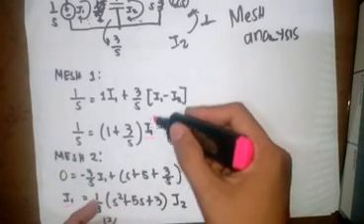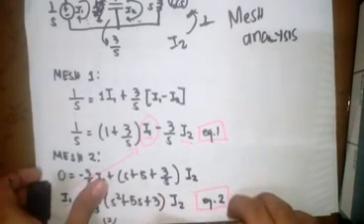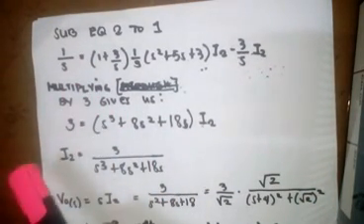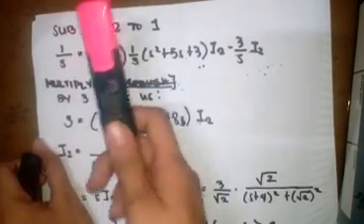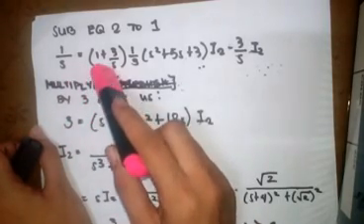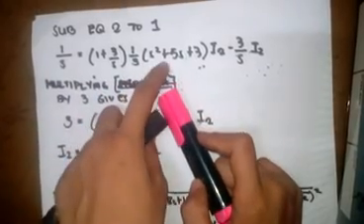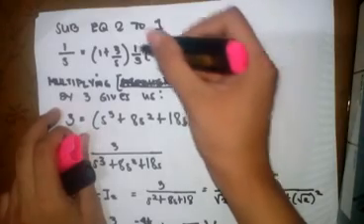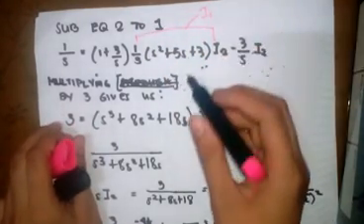Substituting equation 2 into equation 1, we have 1 over s is equivalent to 1 plus 3 over s multiplied by 1 over 3 times s squared plus 5s plus 3. So basically this is I1, we just plugged it here.